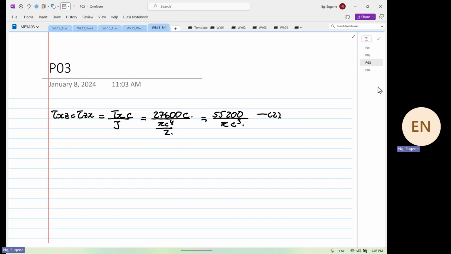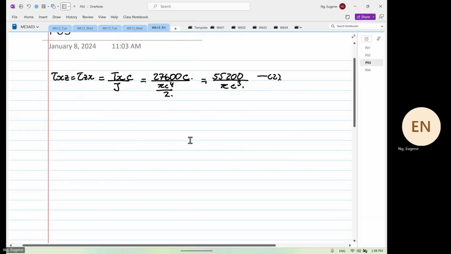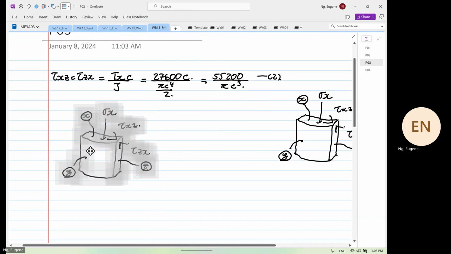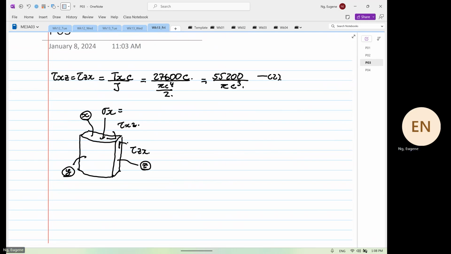So once we have sorted this out, we go back to our element. I'm just going to cut and paste. Bear with me. So now we know that stress X is equal to, what do we have? Minus 2500 minus 72,000 over pi c cubed.